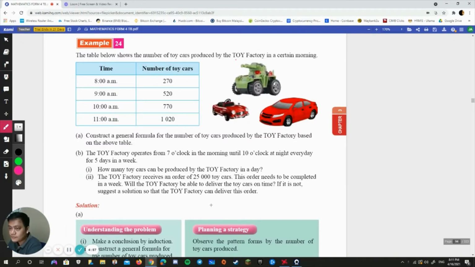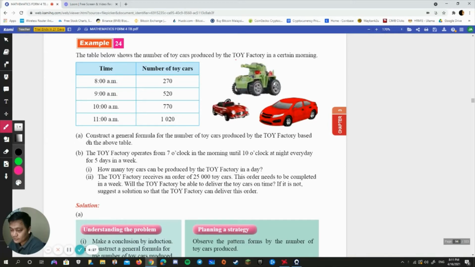Hello everyone. So we take a look at another example, example 24. The table below shows the number of toy cars produced by the toy factory in a certain morning. Look at the table. At 8 a.m., 270 toy cars produced. 9 a.m., 520. 10 a.m., 770. 11 a.m., 1020.